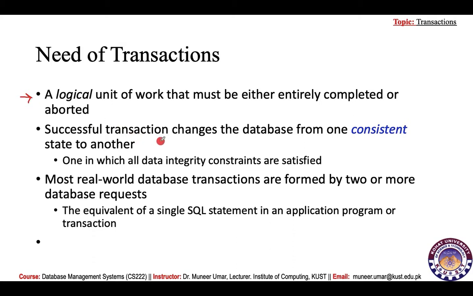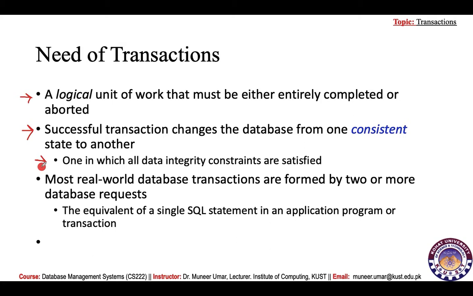A successful transaction changes the database from one consistent state to another, one in which all data integrity constraints are satisfied. So if the integrity constraints are satisfied, then the database would be in a consistent form.